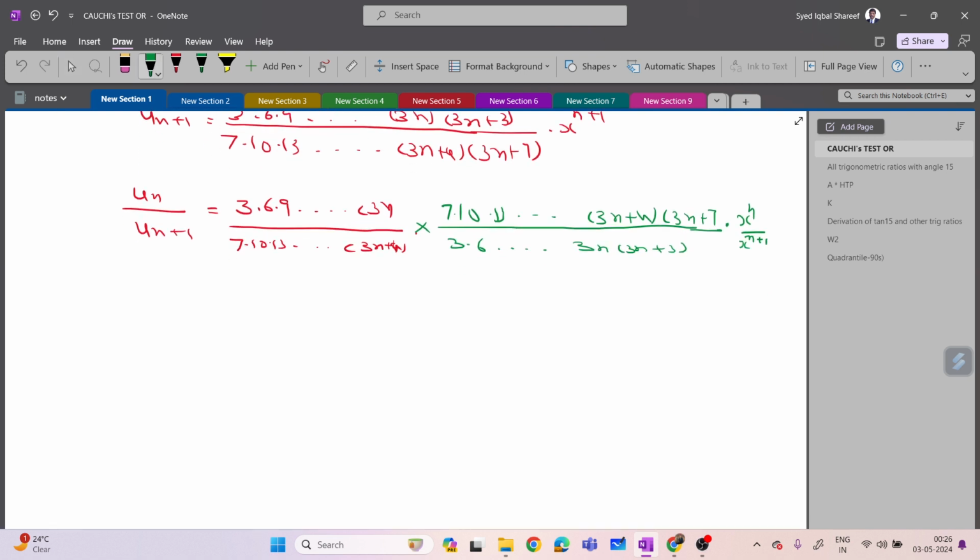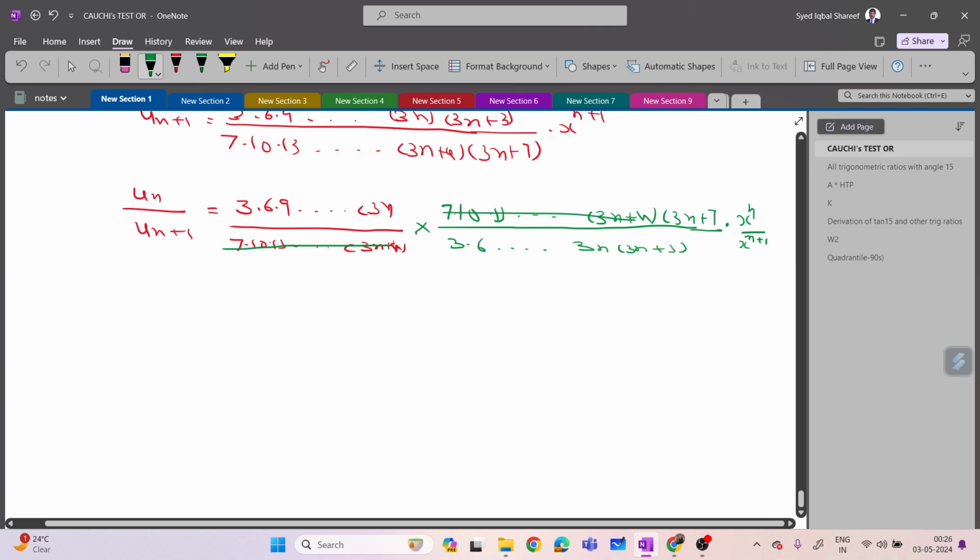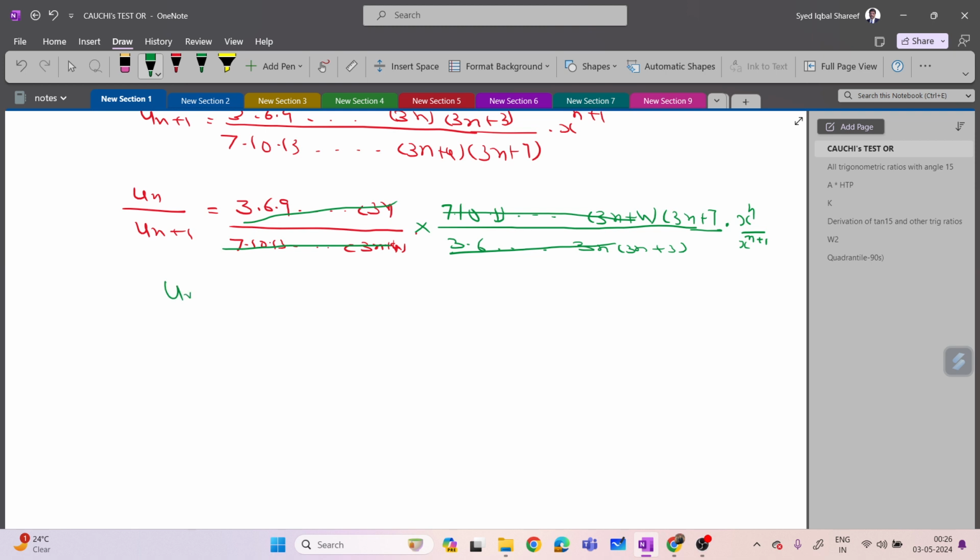Now this part and this part completely get cancelled, and this part and this part too. So what is left? u_n by u_(n+1) equals 3n plus 7 by 3n plus 3, into 1 by x.